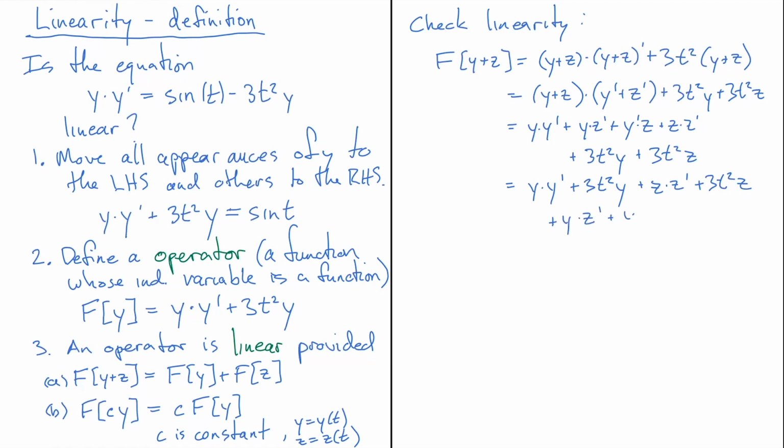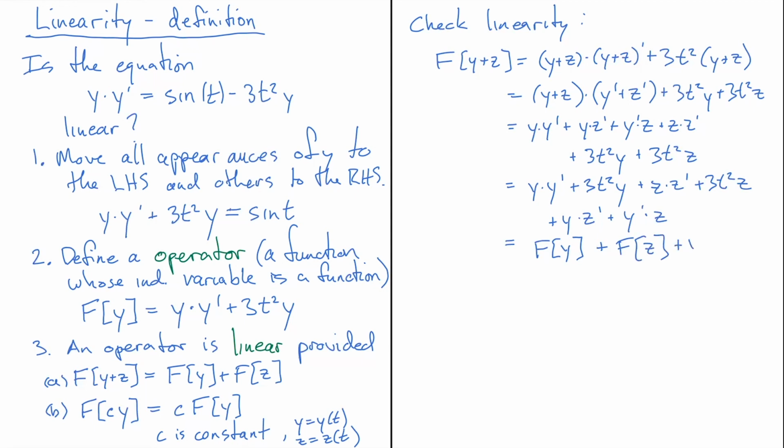And these ones are the problematic terms, times, that will make this operator not linear. So now we can see that the first two terms actually amount to the same as plugging y into f. And the next two terms, so that's these two are the ones I just wrote down, and these two are the same as f, square brackets, sorry, f with z plugged into it.